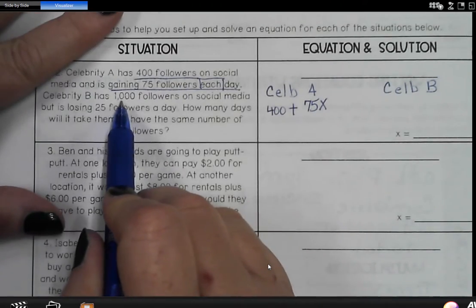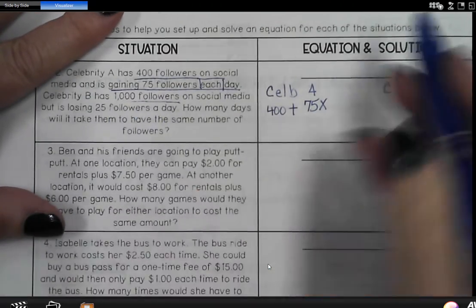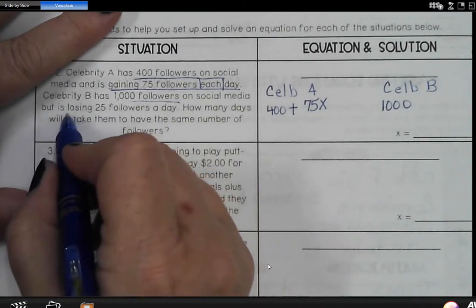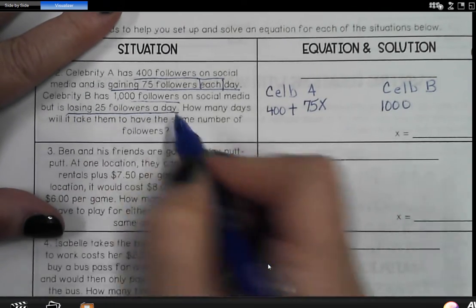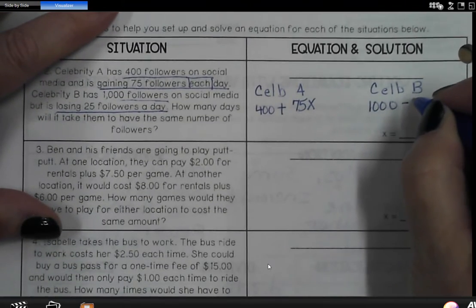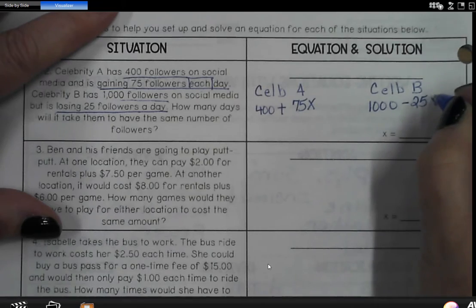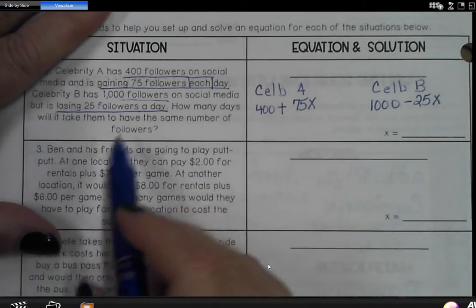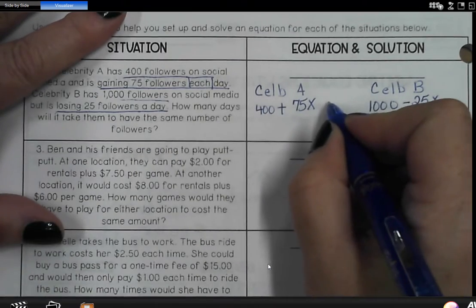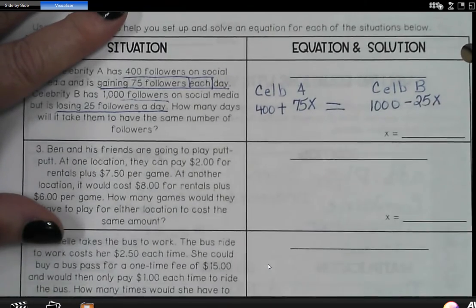Now let's look at celebrity B. Celebrity B has 1,000 followers and are losing 25 followers a day. What does that mean? Minus 25x. How many days will it take them to have the same number of followers, which means this is an equal sign.